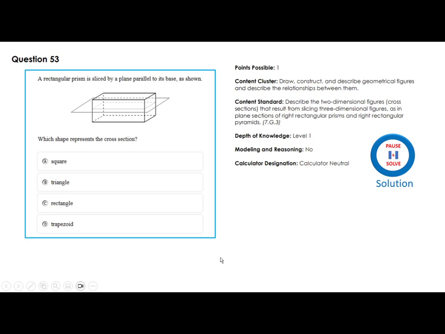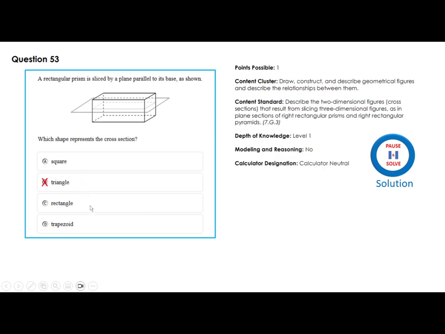A rectangular prism is sliced by a plane parallel to the base, like here, parallel to the base. They gave you the figure. Which shape represents the cross section? This section here, what does it look like? Is it a triangle?